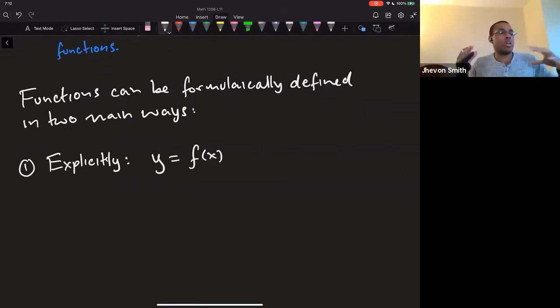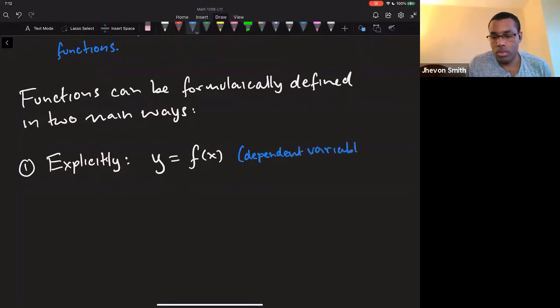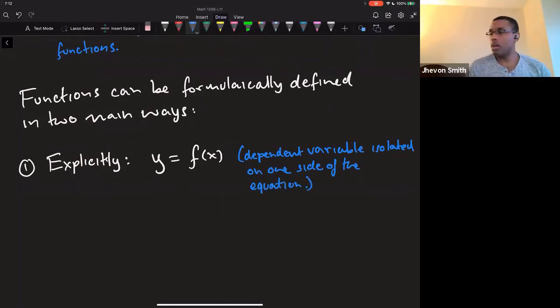So you have your dependent variable isolated on one side of the equation, right? Which is almost every function you've seen up to this point, right?